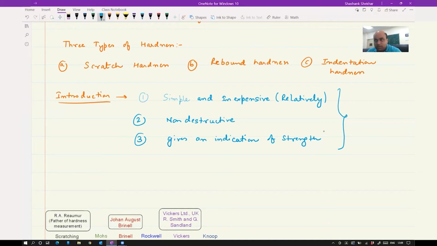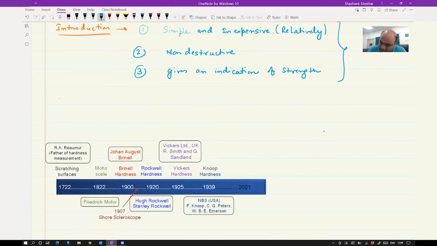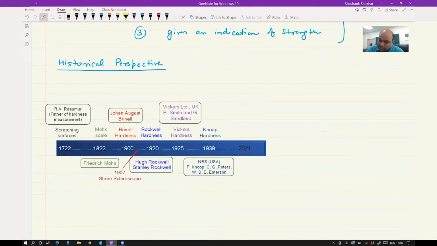Now let's talk about the history, how it has progressed over time. A historical perspective. The first hardness measurement started in 1722, related to scratching the surfaces.